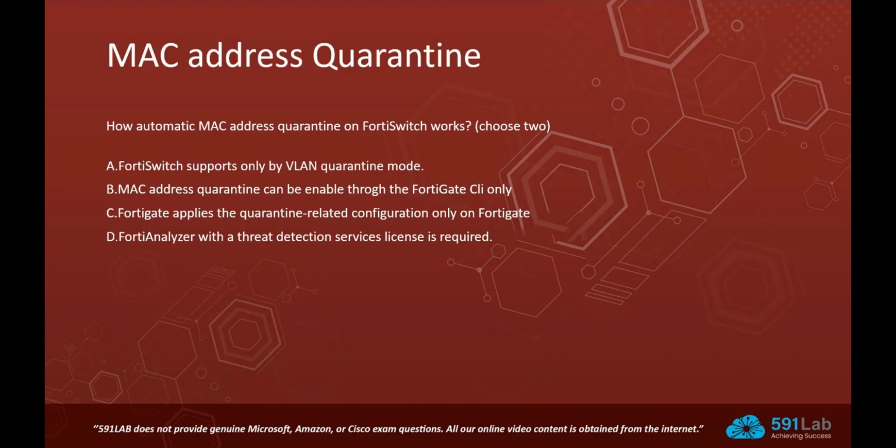Okay, let's go back to the question and find out the correct answers. Answer A, FortiSwitch supports only by VLAN quarantine mode. No, this answer is wrong. B, MAC address quarantine can be enabled through FortiGate CLI only. Yes, this answer is correct.